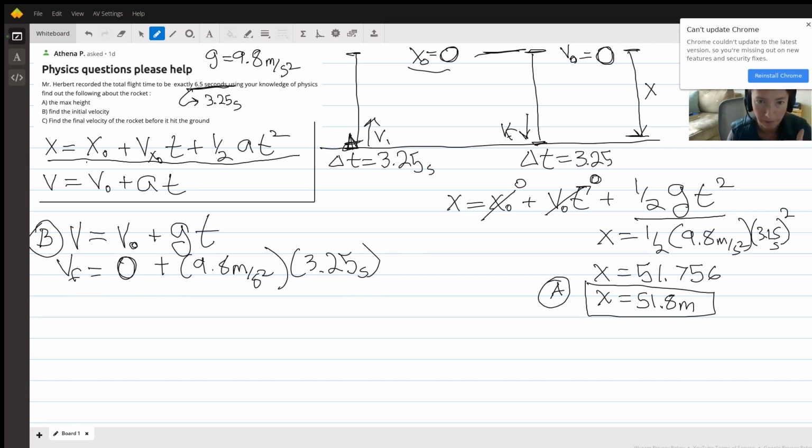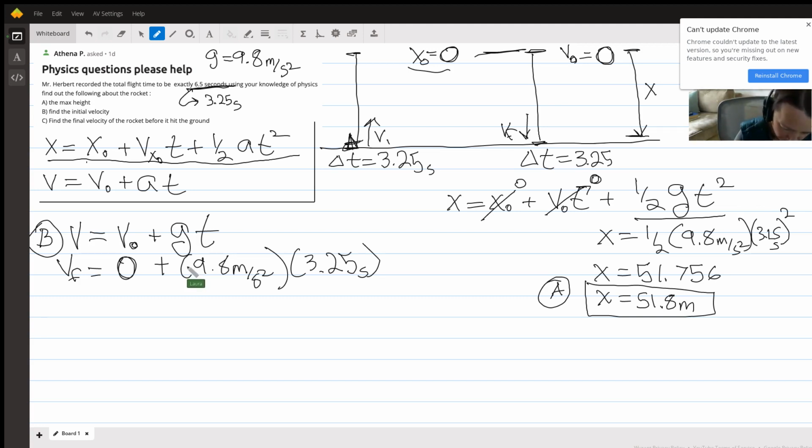Now remember, our velocity final and our velocity initial are going to be the same in opposite directions. That's the only difference. So if I want it to be the final velocity, I need to put a negative sign on this gravity to show that it's pulling down. If I want it to be initial velocity, I just leave that off. Again, they're going to be equal and opposite.